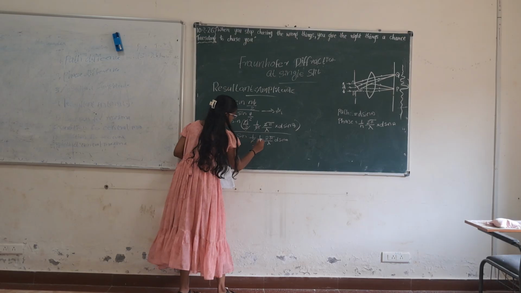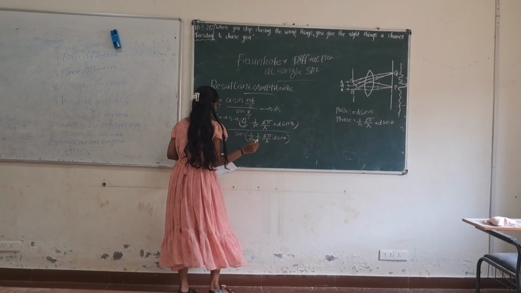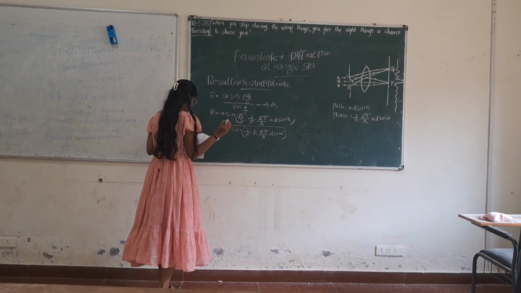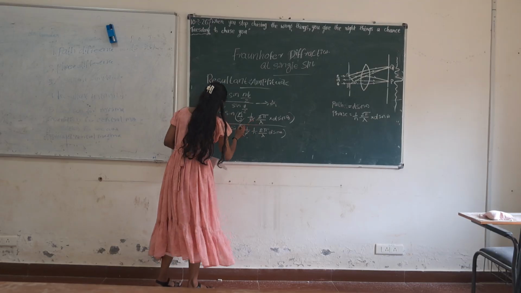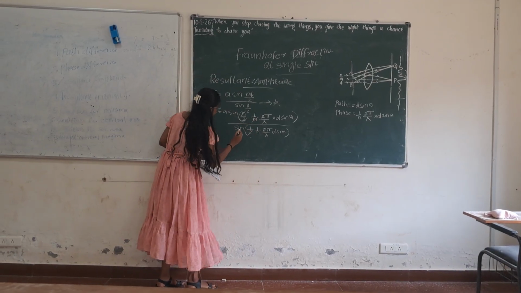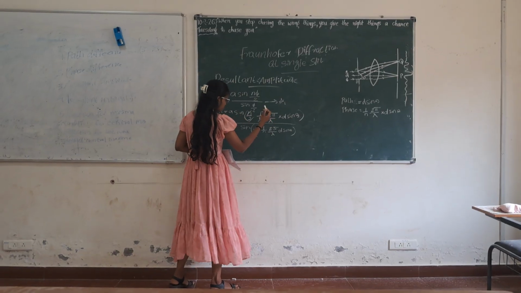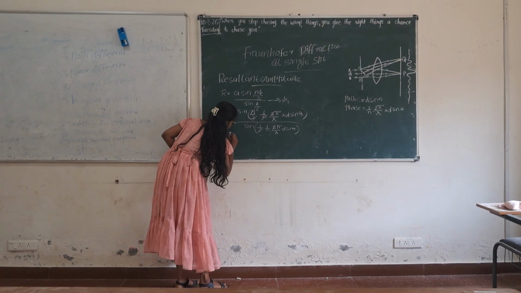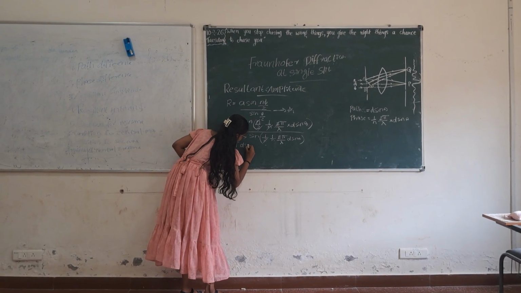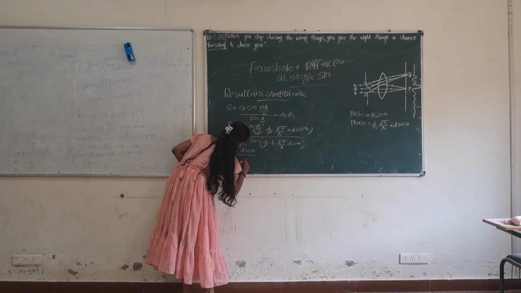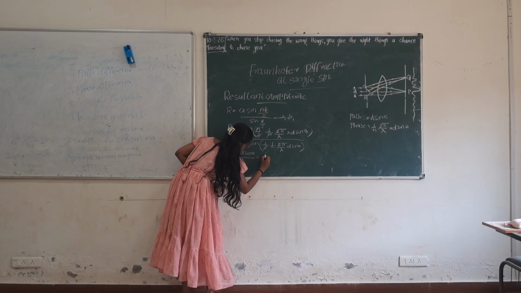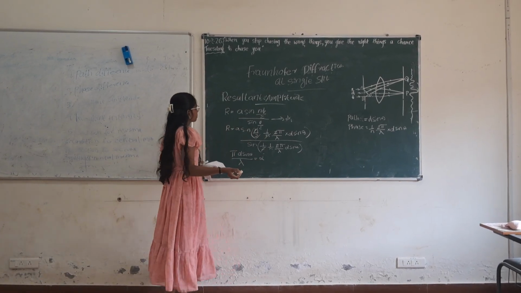Here the 2 cancels, and here also the 2 cancels. To simplify this, substitute pi d sin theta by lambda equal to alpha.